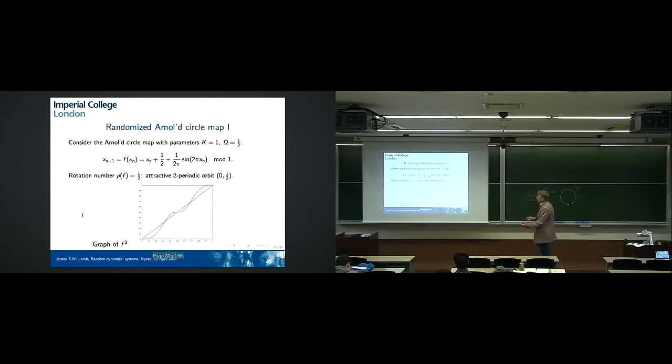So when I choose omega as a half, straight above it, I'm pretty sure that I have rotation number a half. And indeed, I have an attracting period 2 orbit, and it's just one of them, and you see here the graph of the function f squared. So what is the graph here?